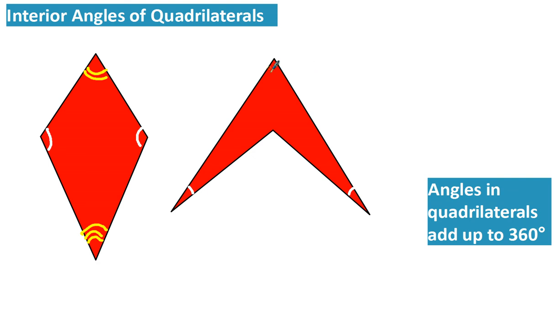And this angle up here is clearly different to this reflex angle here. So that would help you in the sense that if you find out that this is 140 degrees, then this has to be 140 degrees as well.